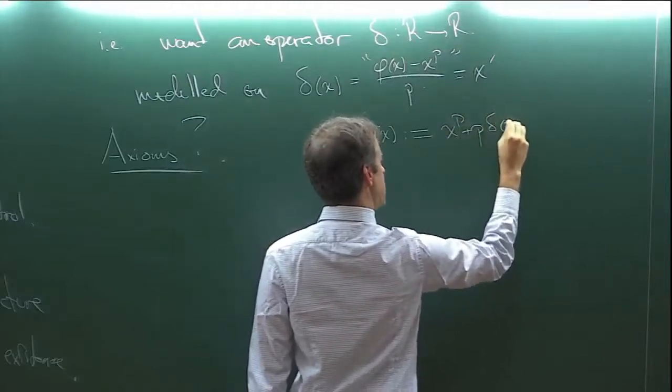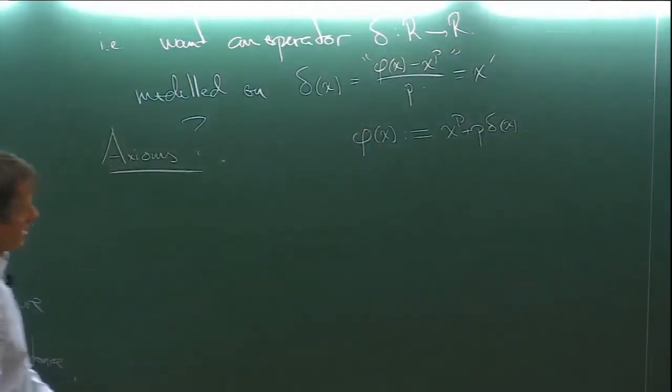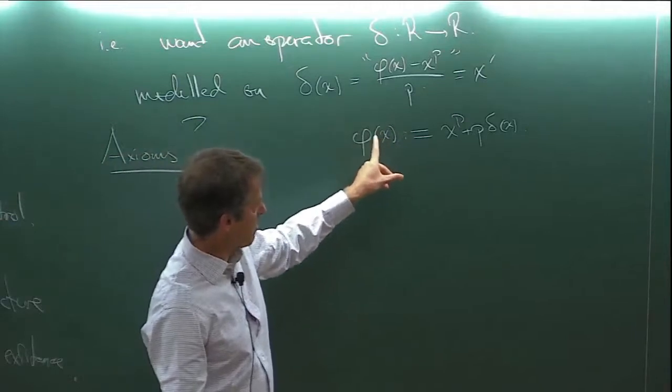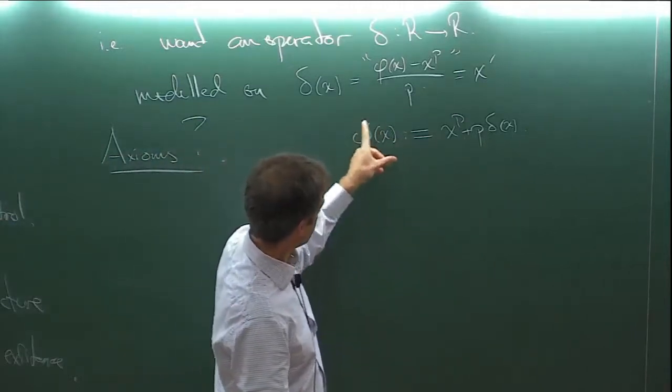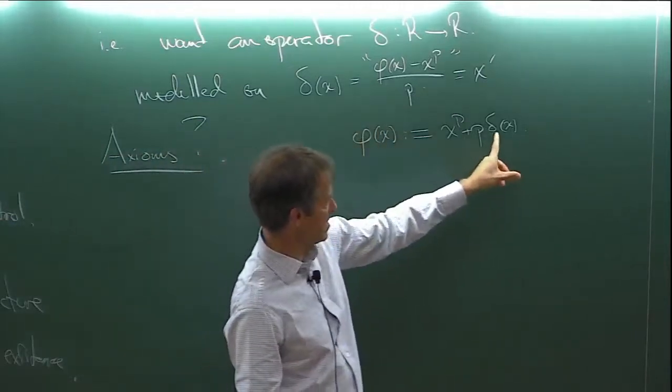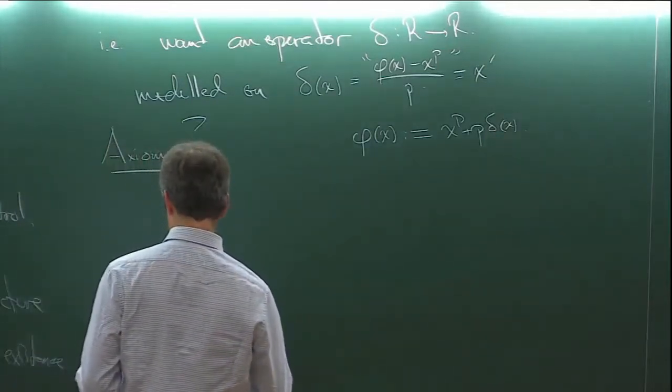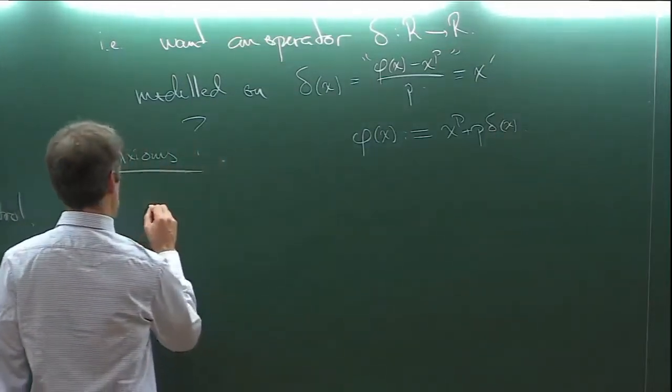This obviously reduces to the Frobenius map modulo p, but it might not be a ring homomorphism. So to make this a ring homomorphism, we just write out the axioms for phi to be a ring homomorphism, but then solve for delta. So let me do that for you. And this is really the key point coming up.